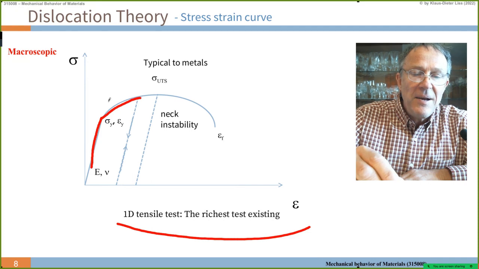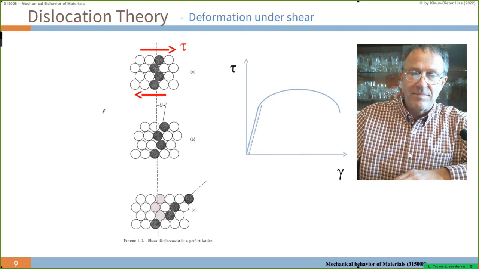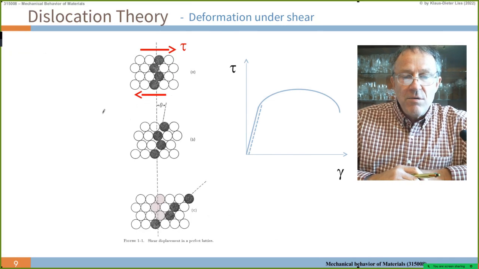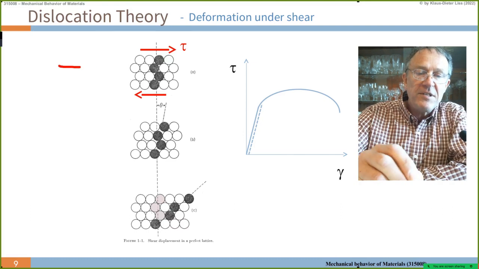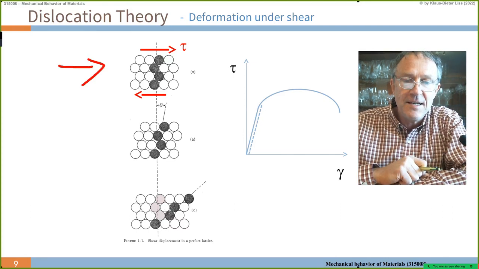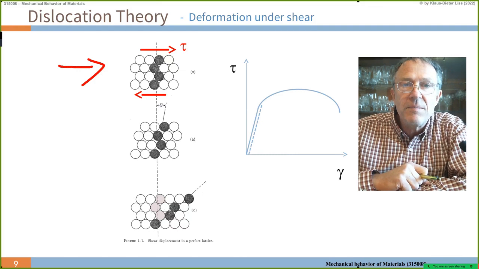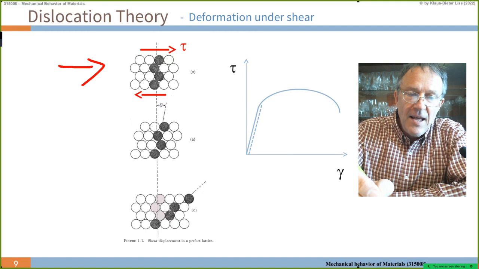So what is happening in this regime? According to the displacement of lattice planes, if we start with the top figure of a crystal lattice and look, for example, at the black atoms, we just mark them and displace them.